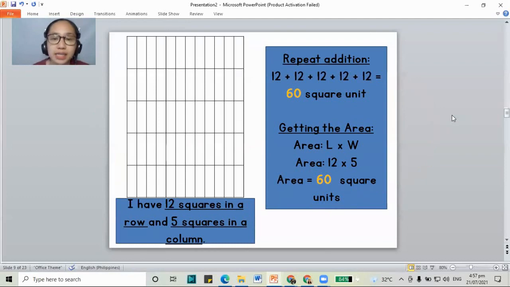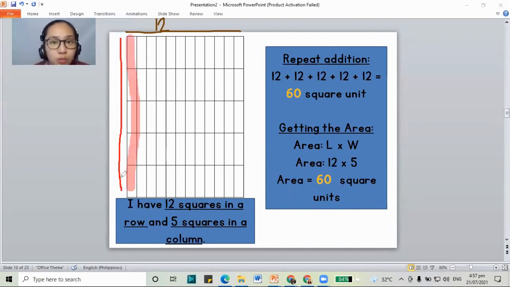How about the last example? I have here how many squares in a row? I have 12. That can also be my row. And how about for my width? Going down, there are 5 squares in a column. So that should be 5.